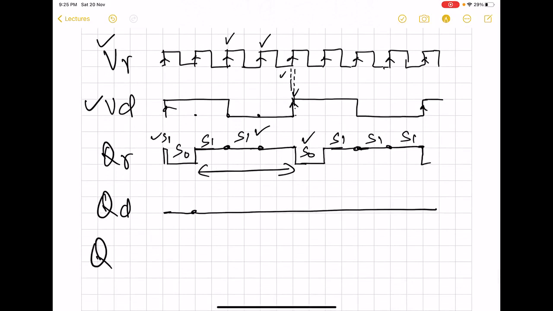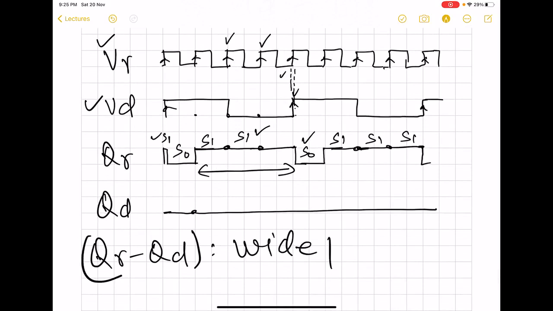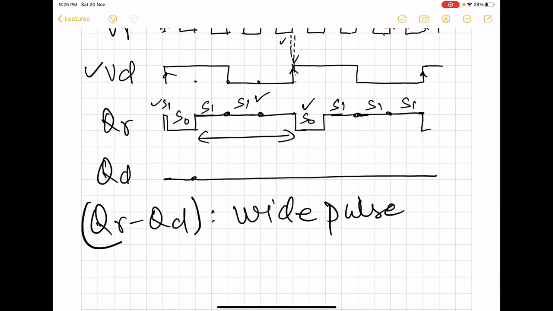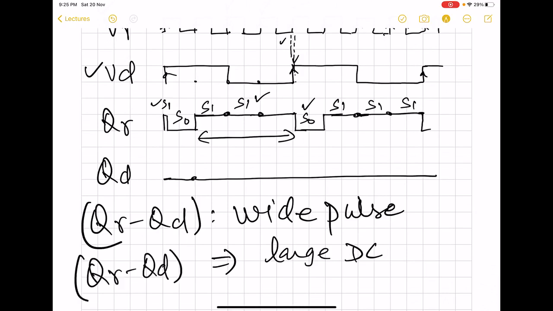So here we have QR minus QD, a wide pulse, or a rectangular waveform with a large duty cycle. So this implies a large DC. So the QR minus QD average is going to be a large DC.